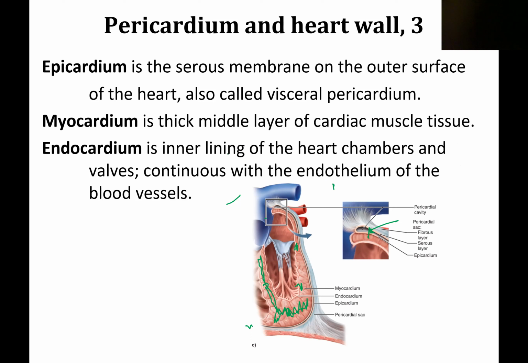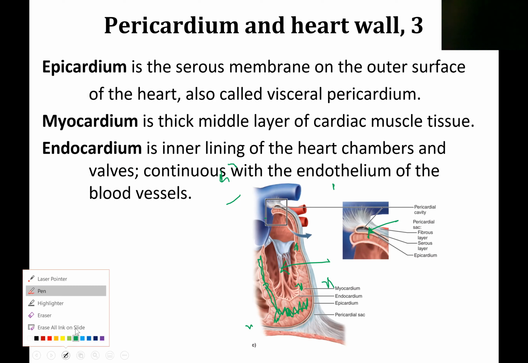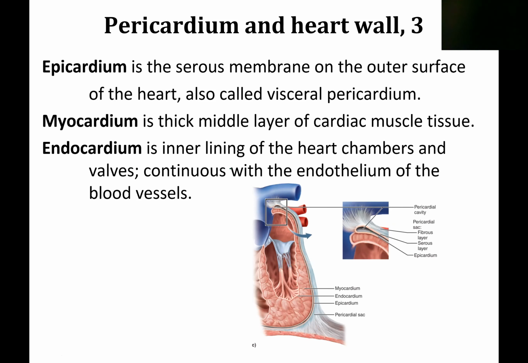Endocardium is the inner lining of the heart chambers. It covers all of the surfaces inside the chamber. It covers the valves. It covers the papillary muscles, etc. It's also continuous with the endothelium of blood vessels. So there's no seam between the heart and the blood vessel, which would be a place for hemostasis.